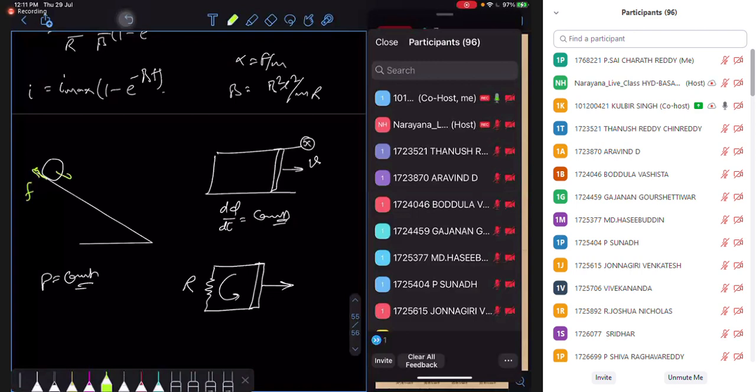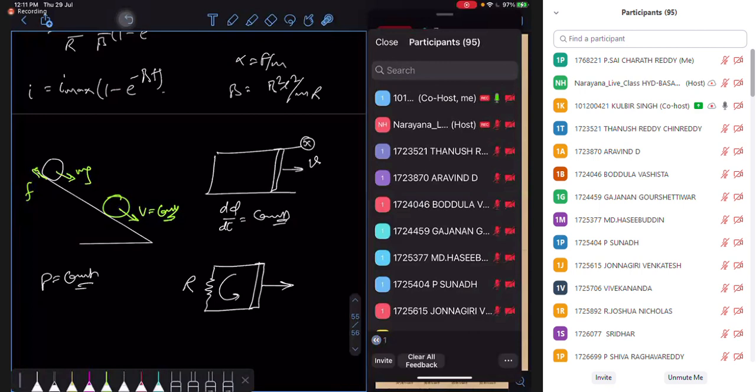So friction and gravity try to oppose it, and ultimately the ball comes to a constant velocity. So along with the momentum conservation, it satisfies the other properties also. Not exactly the same thing, but almost similar thing happens here.